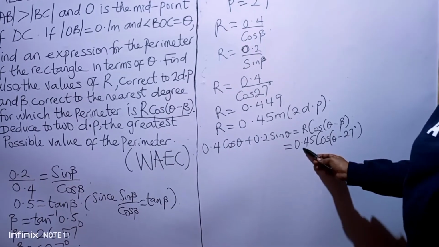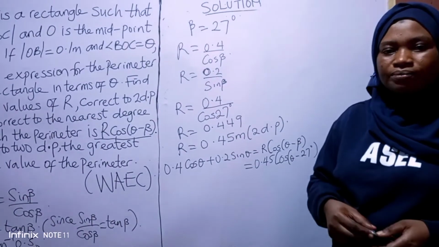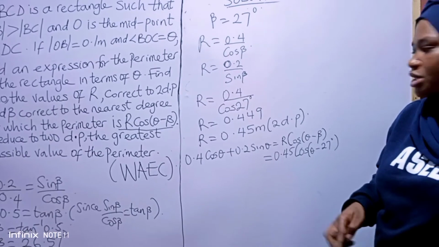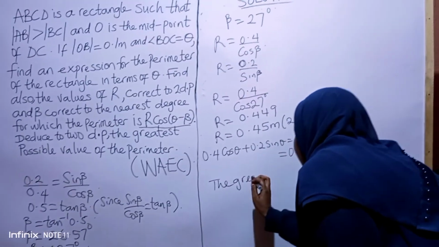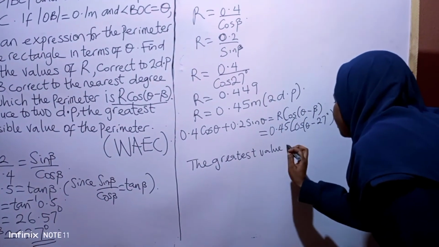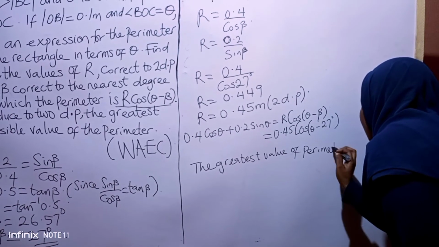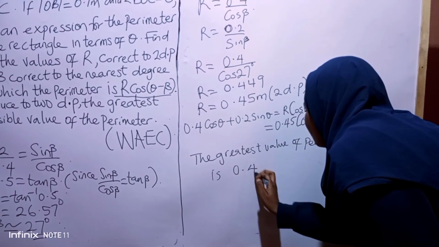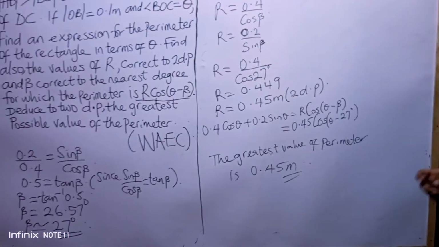Now, this R is the same thing as the maximum y value, so it will be the greatest possible value of the perimeter. So the greatest value of the perimeter of this rectangle is 0.45 meters.